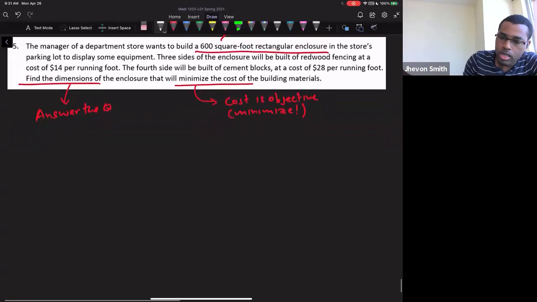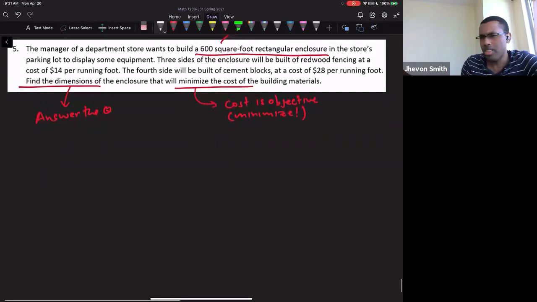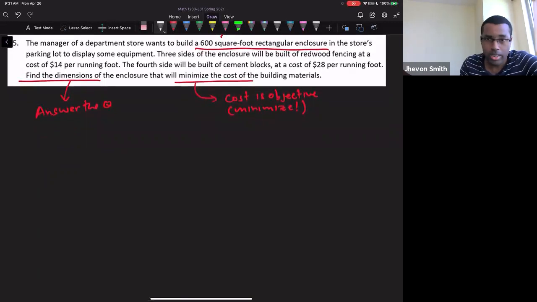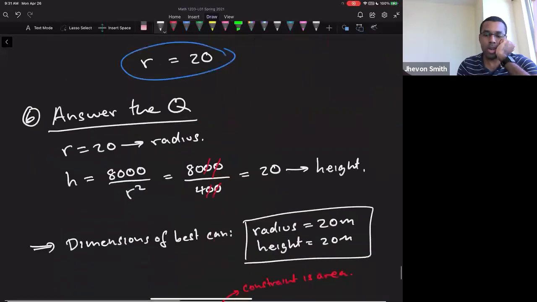Now this problem is a little bit more challenging to set up, I think, than the other ones, because different sides are charged. You have a different cost for each side. Not totally harder or anything like that, but it's different. This could be a problem that would show up on a final. So this is like a final level problem, a final boss. The other ones I can put on a test or a quiz.